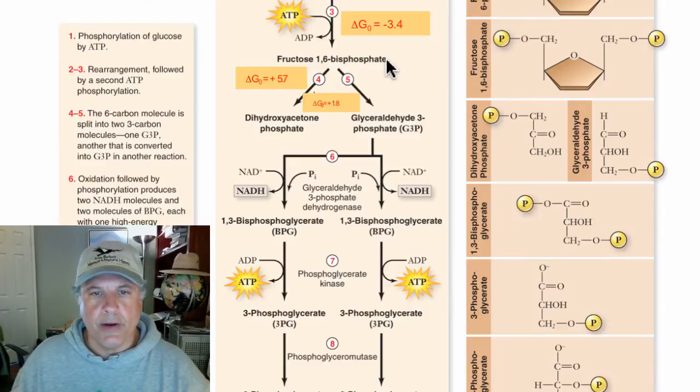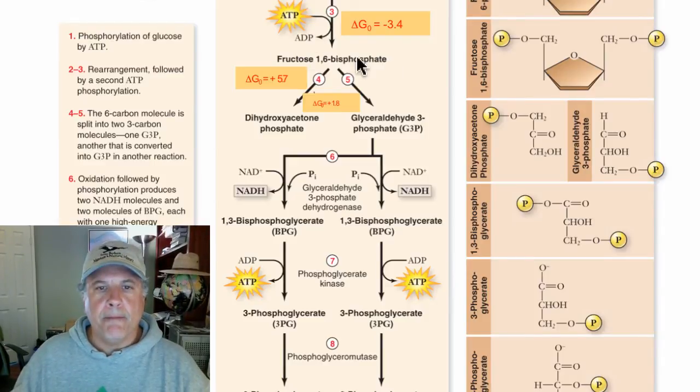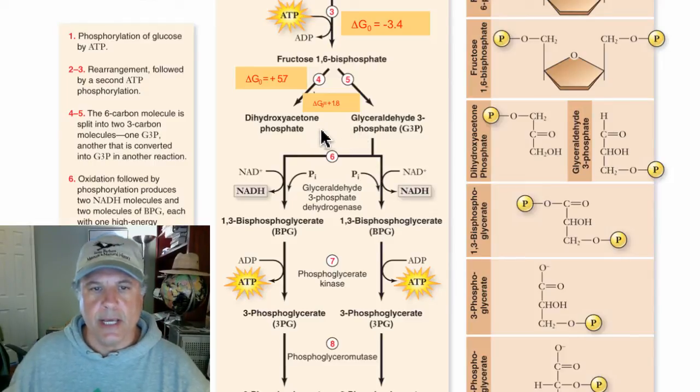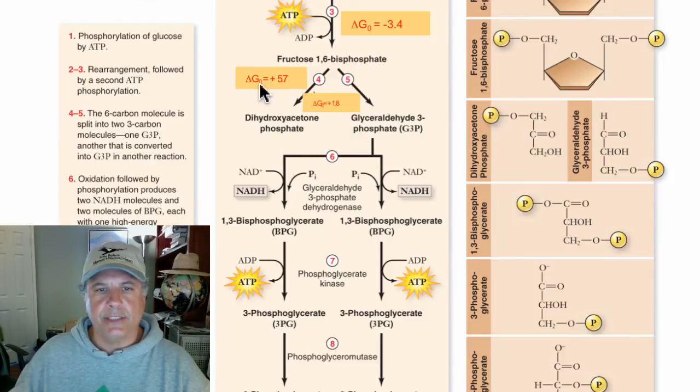So my point here is that the high concentration of reactant and low concentration of product can cause the pushing of the reaction because of the high concentration of reactant, and then the pulling, I'll say, of the glyceraldehyde 3-phosphate product down the pathway. So in actuality in cells, this is not delta G0, but delta G is actually negative.